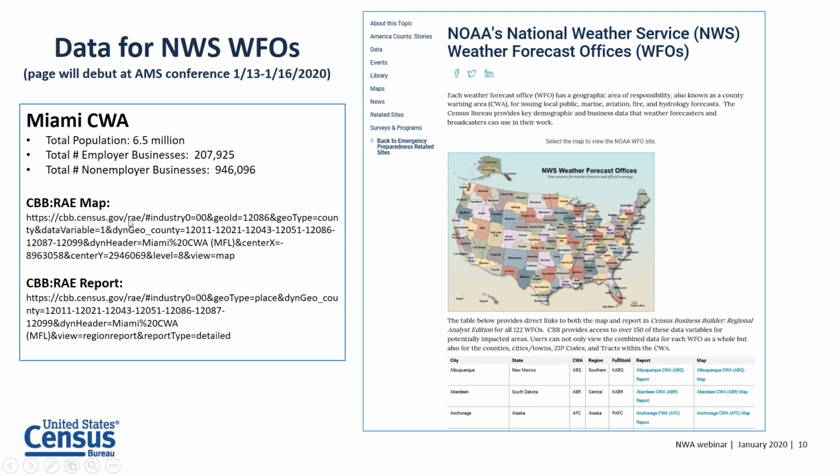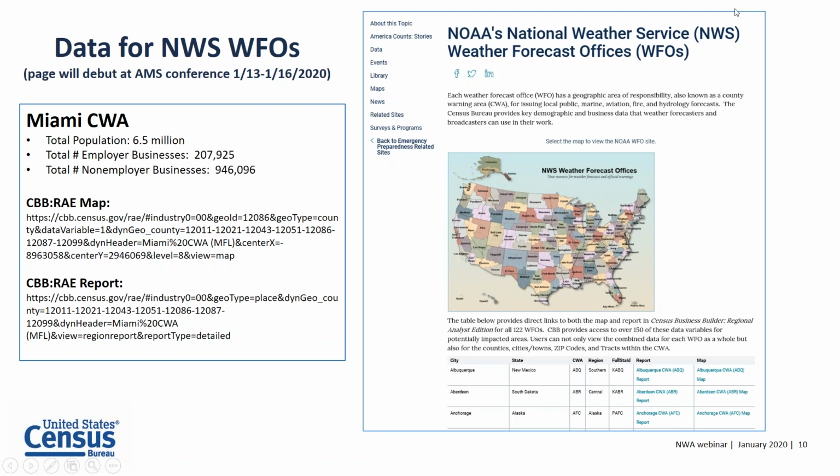I went in and pulled some information for the Miami CWA. In that Miami county warning area, there's 6.5 million people, about 207,000 employer businesses, and about 946,000 self-employed people.